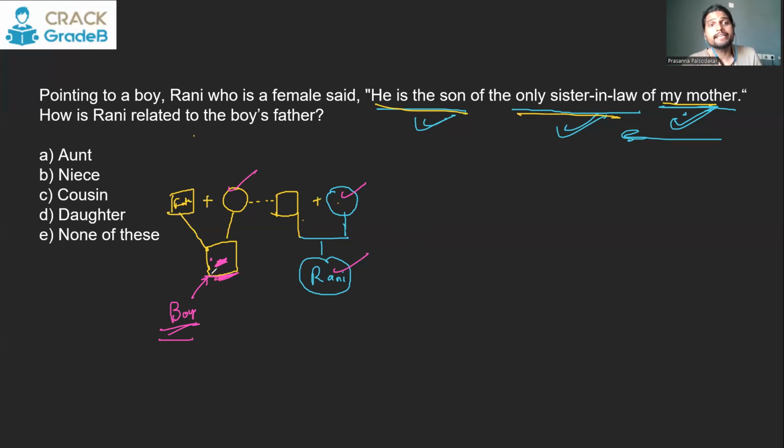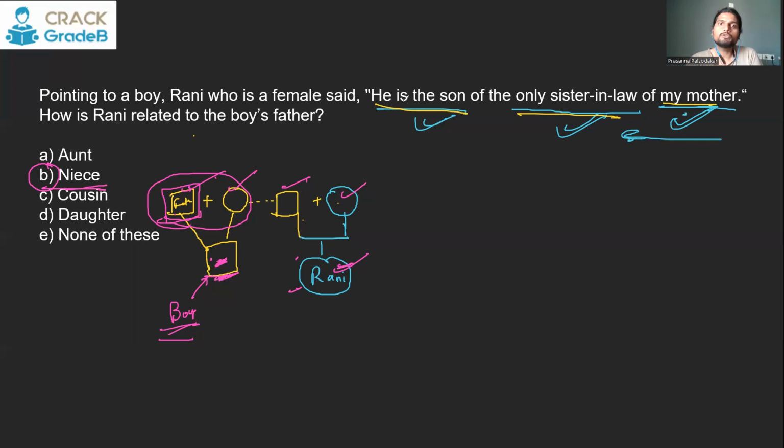How is Rani related to the boy's father? That means him. So for him, Rani is his brother-in-law's daughter. So for both of them, Rani is going to be the niece. So the answer is going to be niece.